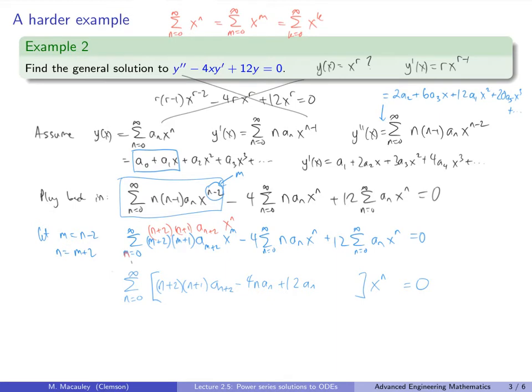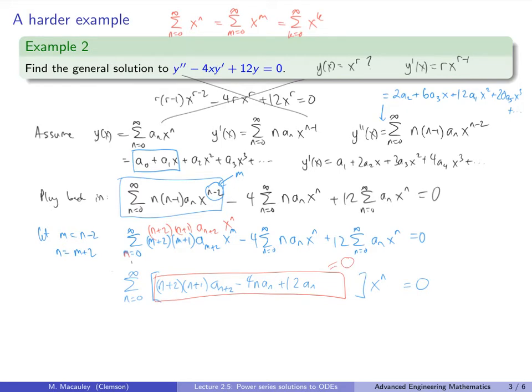So now what? What does this tell us? This is a power series, an infinite series of powers of x. And if that power series equals 0, then it better be the case that every single one of these coefficients has to equal 0. Okay?